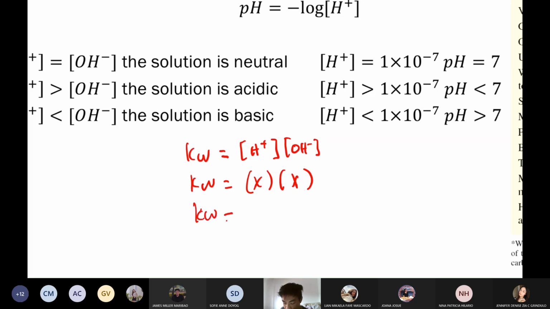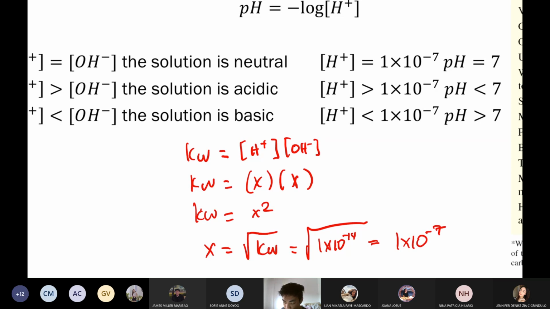So we get Kw equals X squared. So to solve for the concentration of X, that's the square root of Kw. So getting the square root of this number, we will get 1 times 10 raised to negative 7. And this is equal to the concentration of H plus and the concentration of OH if the solution is neutral. Okay.